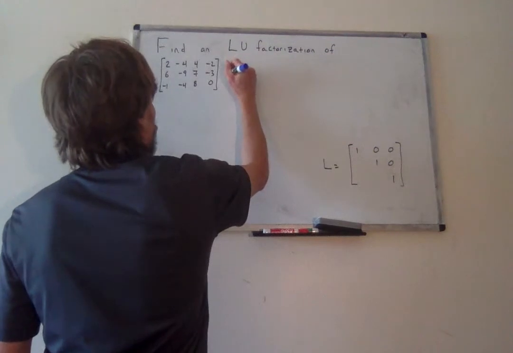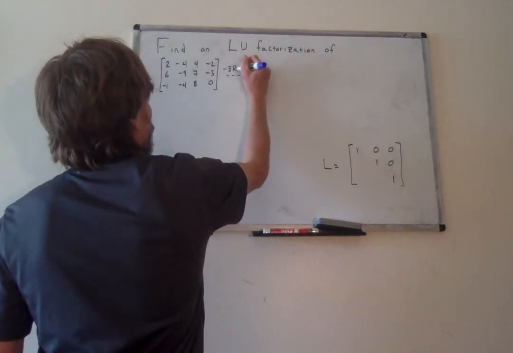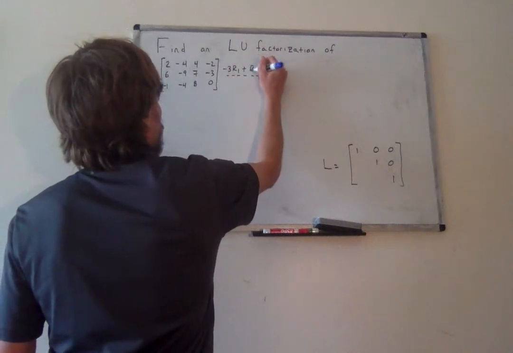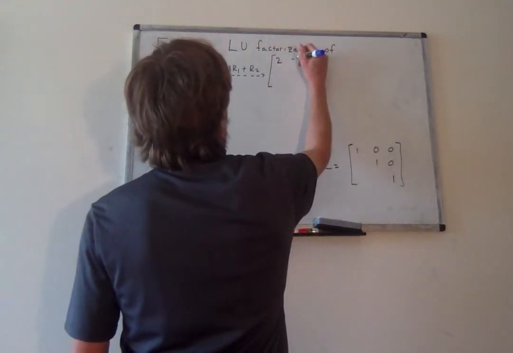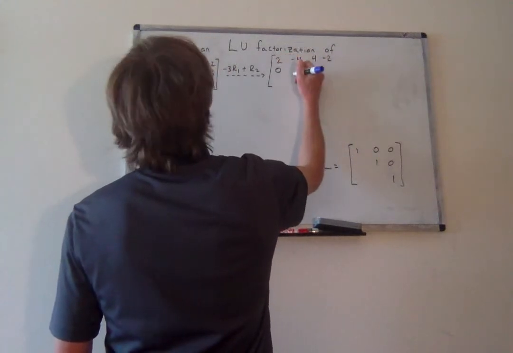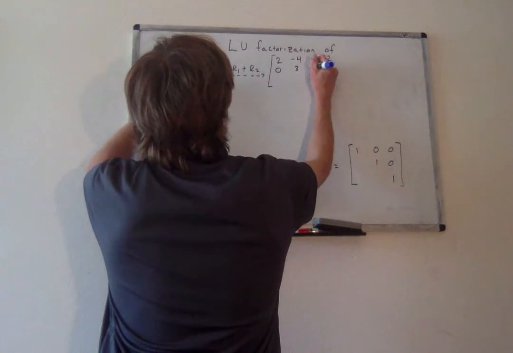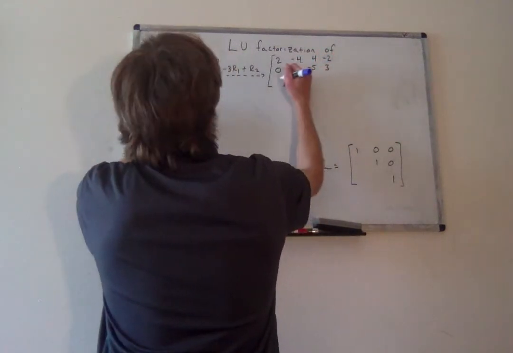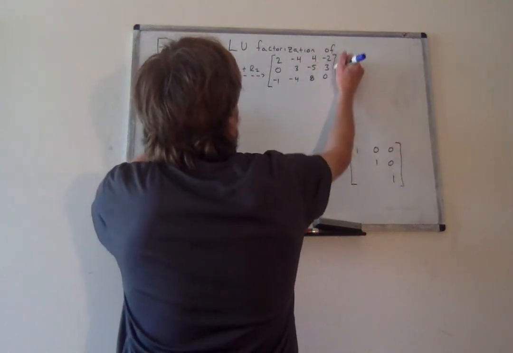The first step to row reducing this matrix would be negative 3R1 plus R2. And so now this would get me to negative 4, 4, negative 2, 0, 3, negative 5, 3, negative 1, negative 4, 8, 0.